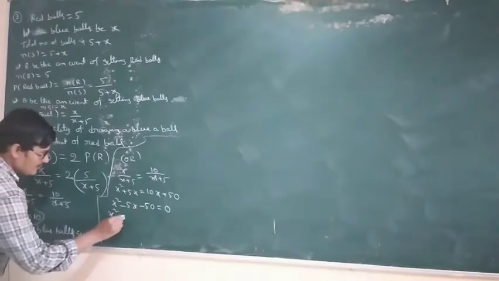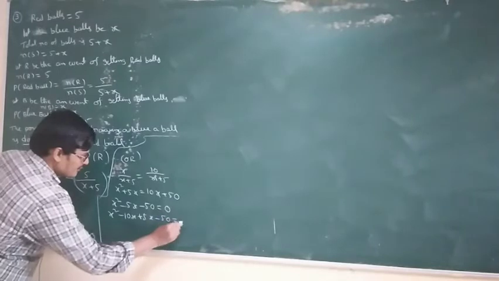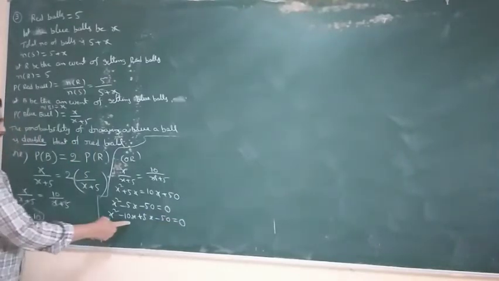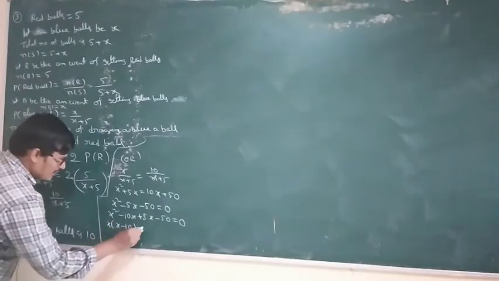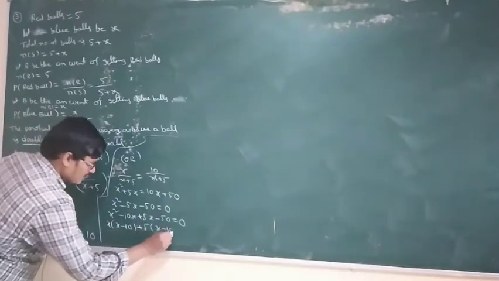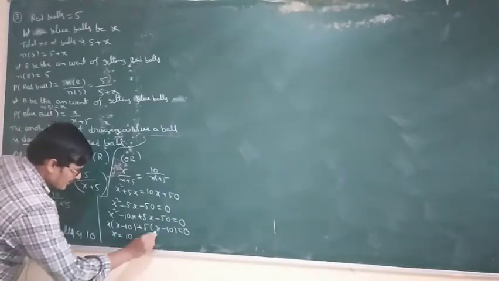So x square minus 10x plus 5x minus 50 is equal to 0. x common, x minus 10, plus 5 common, x minus 10, equal to 0. So x is equal to 10, minus 5.